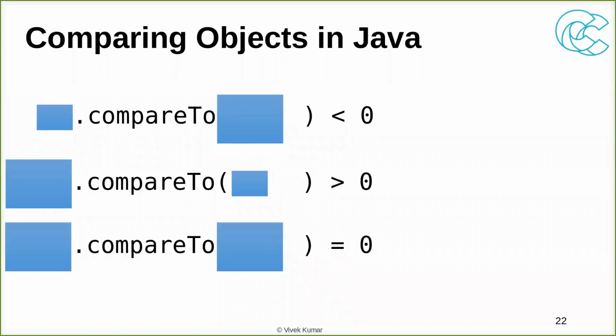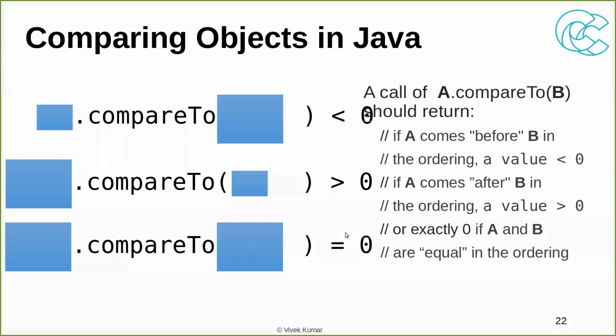Then it will internally simply do a subtraction, left hand side minus right hand side. Since the left hand side is smaller, it will return a number less than 0. If the left hand side one is larger, then it will return a number which is greater than 0. And if both are the same, since you are doing the subtraction internally, it will return 0. Is that clear so far?